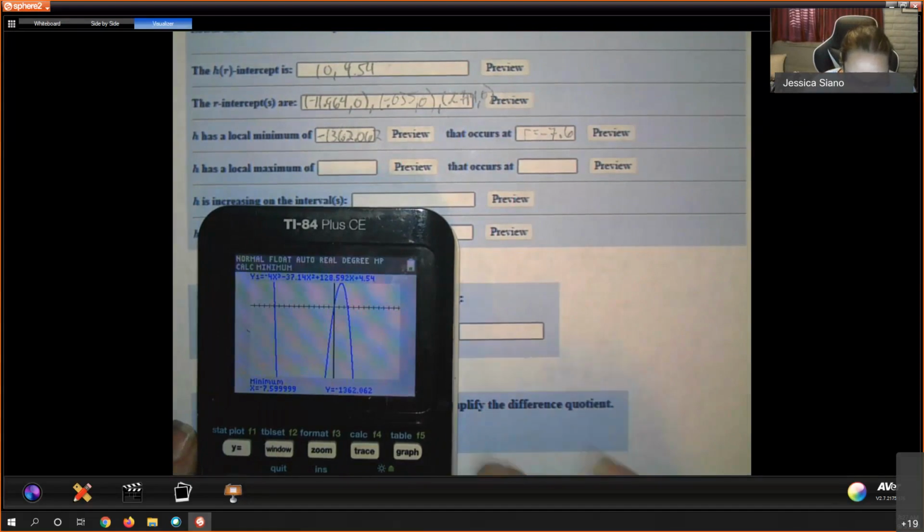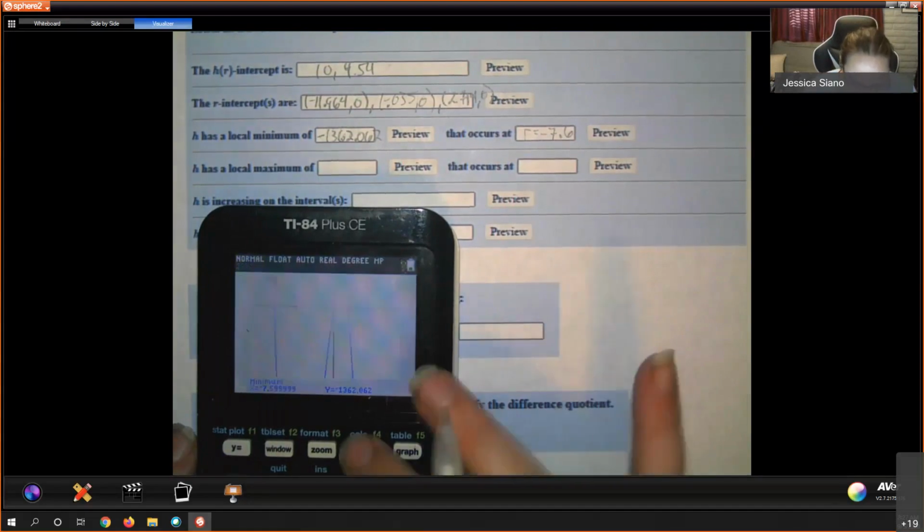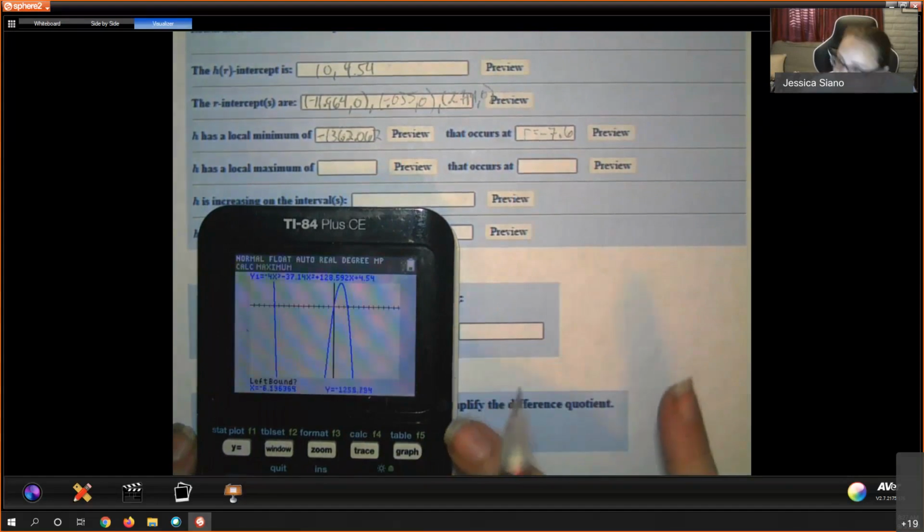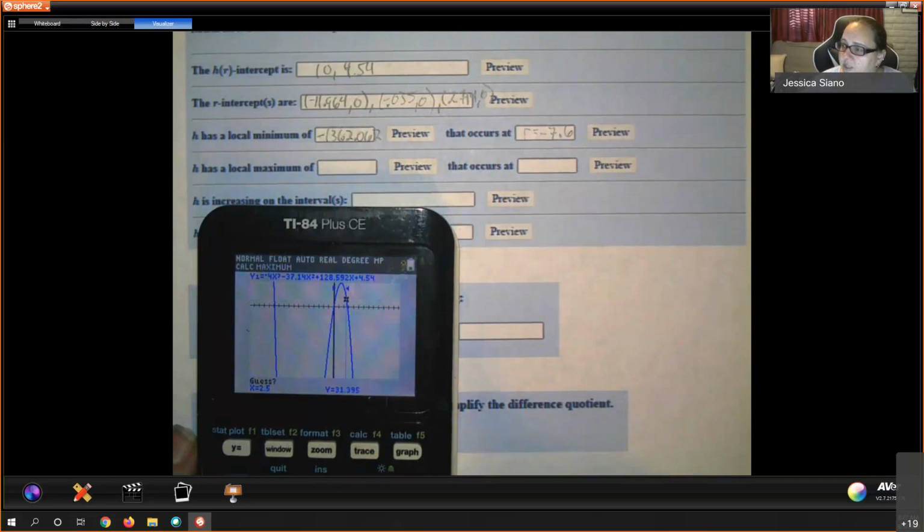And then second and then calc to do the maximum. And we're going to do, oh, there it is. So anywhere on the left side of that maximum, press enter, move the cursor around. Anywhere on the right side of that maximum, press enter, and then enter past guess.